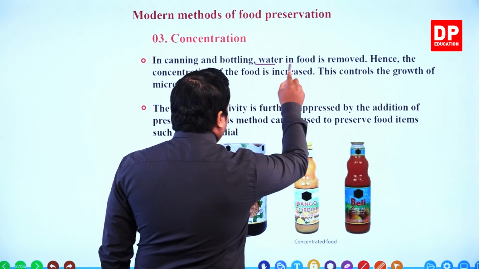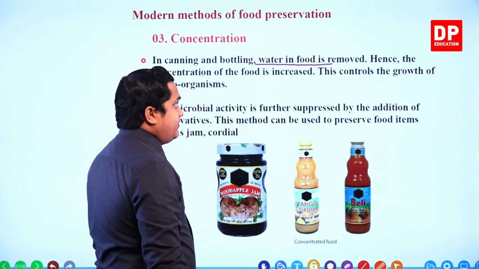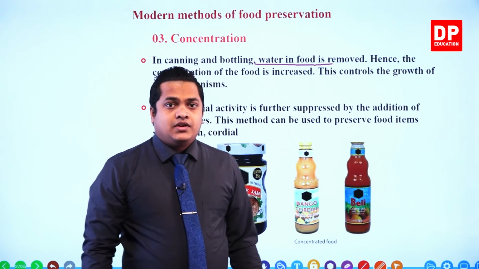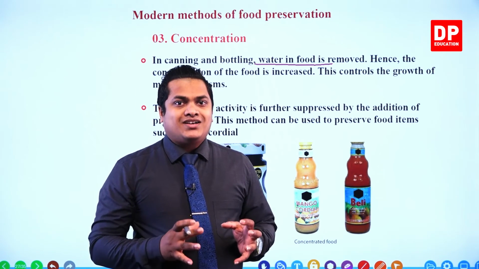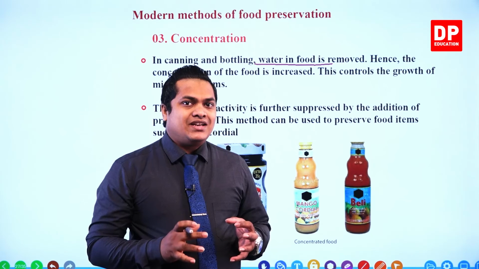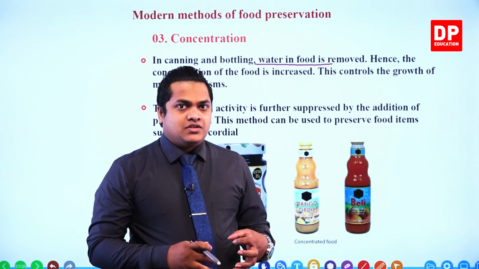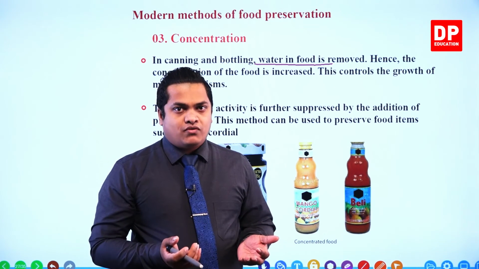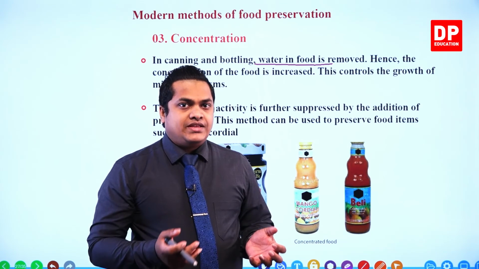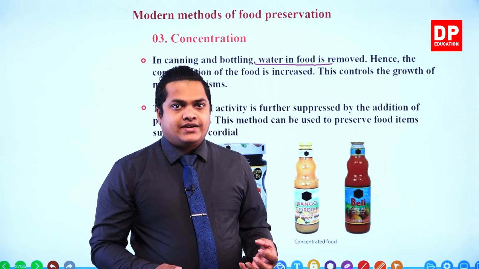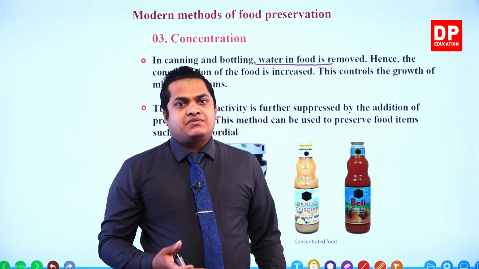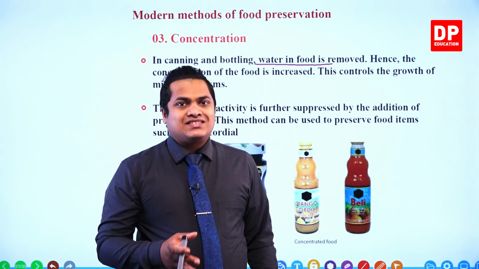So here the water content in the food item is getting controlled. When there is less water within the container or the food item, microorganisms will not be able to grow as they should.